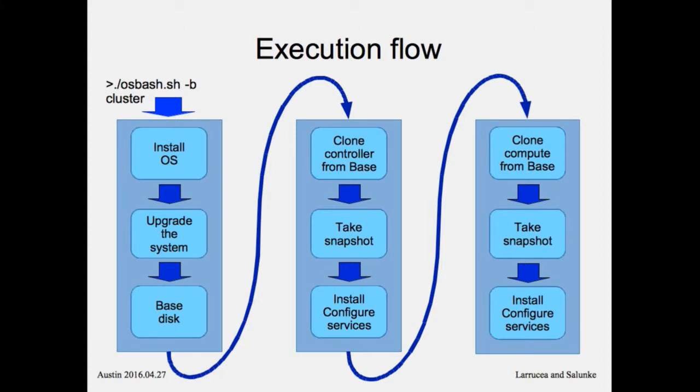And what we do is create a lightweight clone of this base disk. That means that we are not creating a new hard disk, we are not copy-pasting the hard disk, but rather creating the new hard disk on top of the old one. So the storage is cumulative.